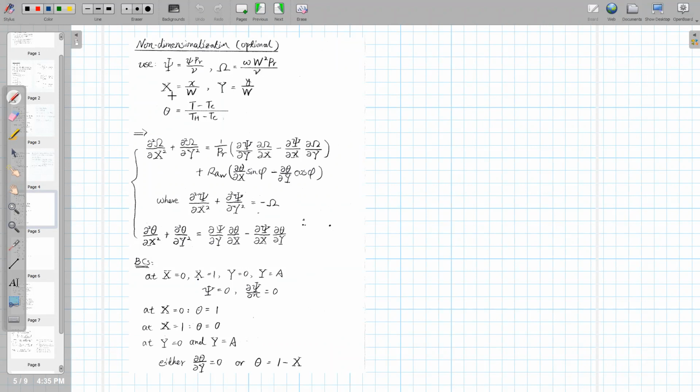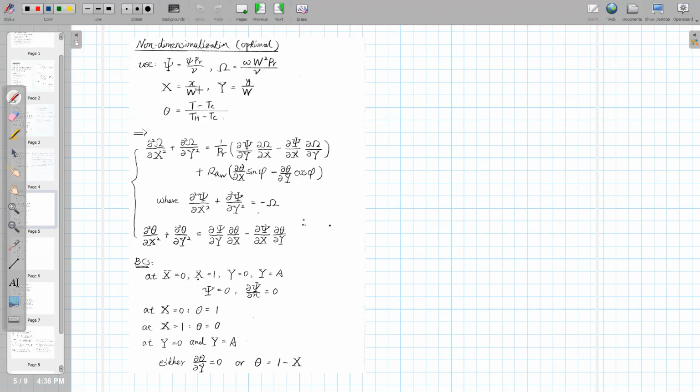And you can define the dimensionless x coordinate and y coordinate by dividing by the width of the enclosure. You can also define the dimensionless temperature, theta equal to T minus Tc divided by Th minus Tc.